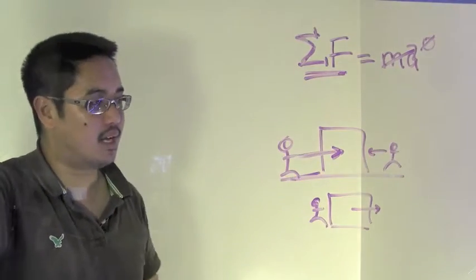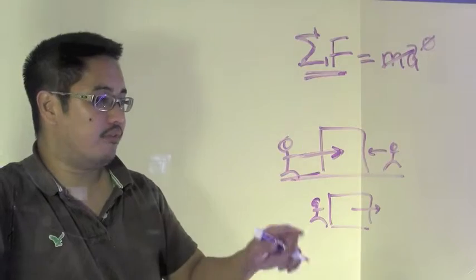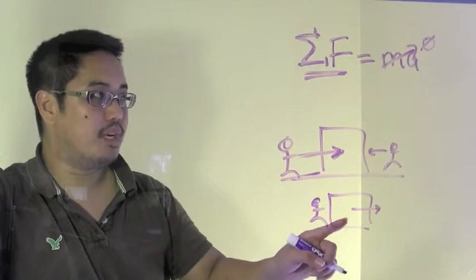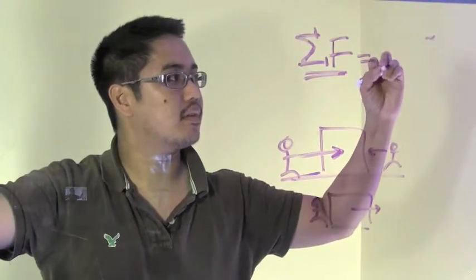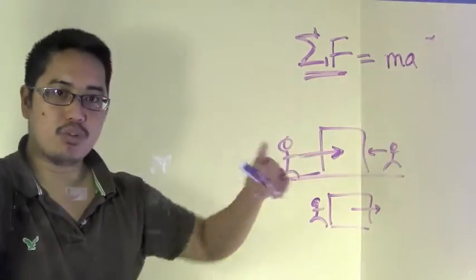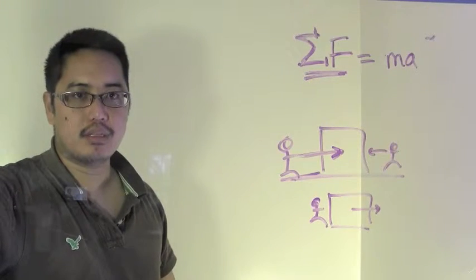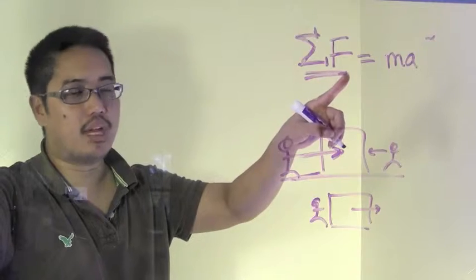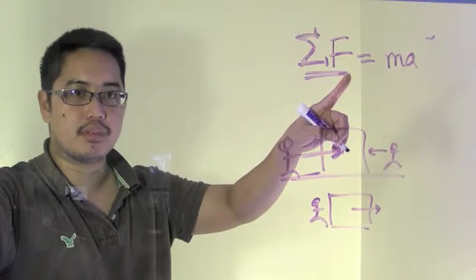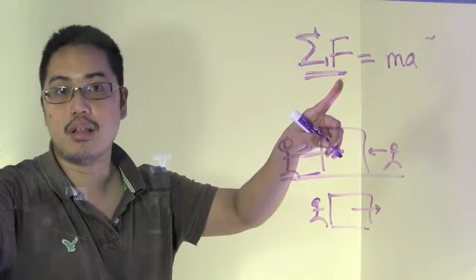Now the m times a, let's take a look at just that part. If the mass were really big, and you look at this equation, F equals ma, what would F become? Something big times a is going to be something big or small?